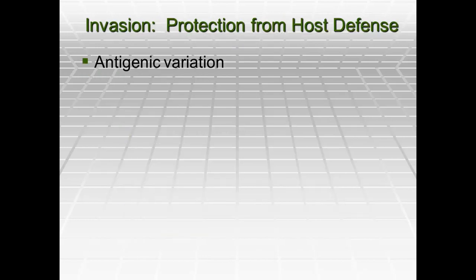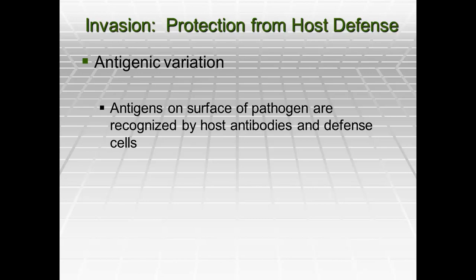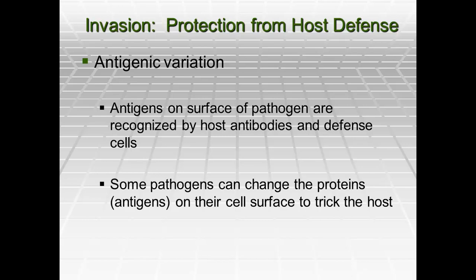Antigenic variation. The antigens on the surface of a pathogen are recognized by host antibodies and defense cells. Some pathogens can change the proteins, their antigens on their cell surface, to trick the host, so antigenic variation is when they alter their surface proteins. An example of a virus that does that is influenza.